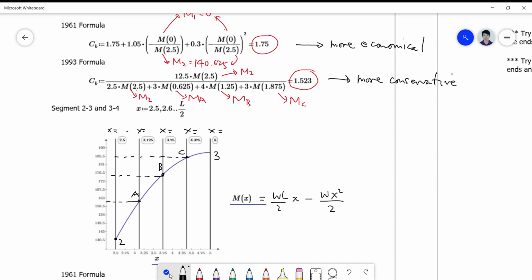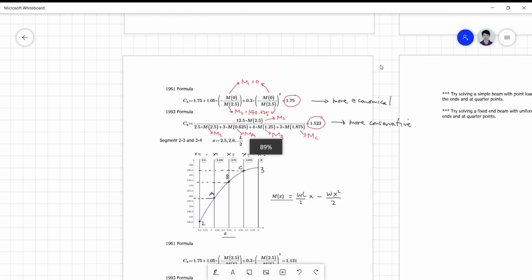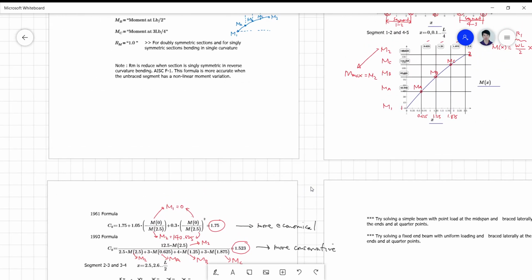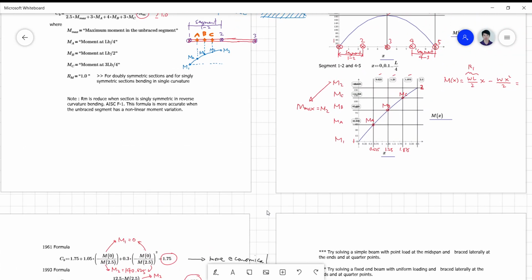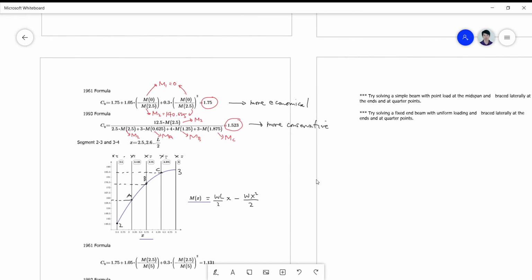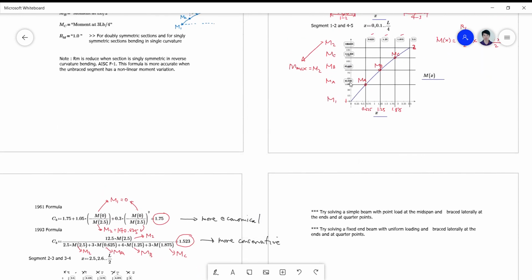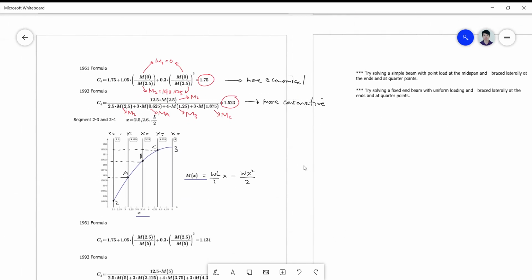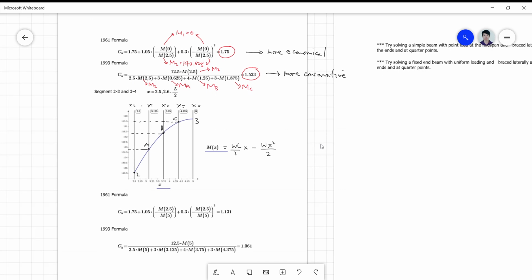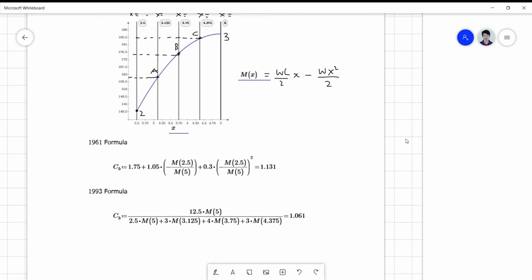Okay, so these are the values that were not placed in the graph, but direct substitution will yield to you those values.